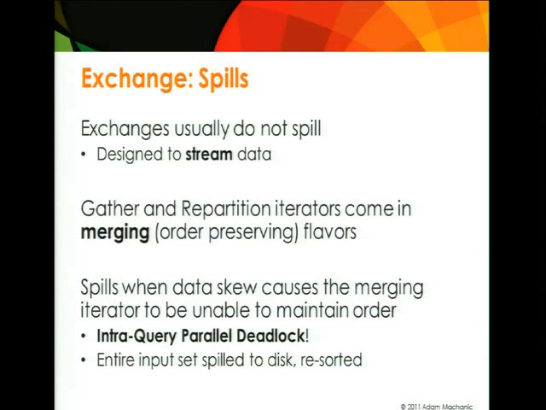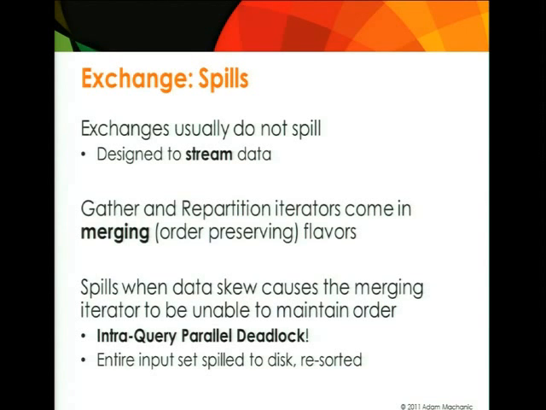Now, the problem can occur if there's data skew and a lot of data is coming in, and the iterator is unable to keep things straight and keep the output ordered because the data is coming in so quickly. In this case, what it does is it spills all the data to disk until it can get things back in order. And this is called an intra-query parallel deadlock.